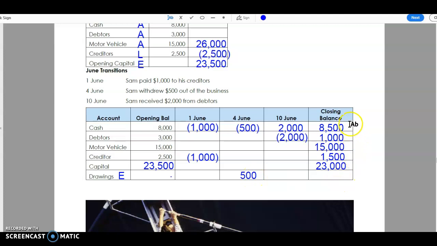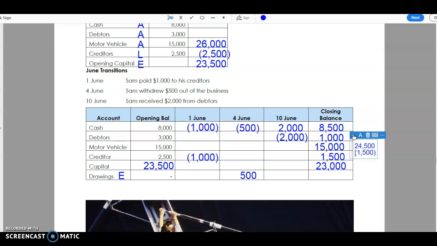Now, we could have also added up our three assets here. Cash, debtors and motor vehicles is 16 plus 8 is $24,500. I might put that in there. 24,500 less 500, like that.